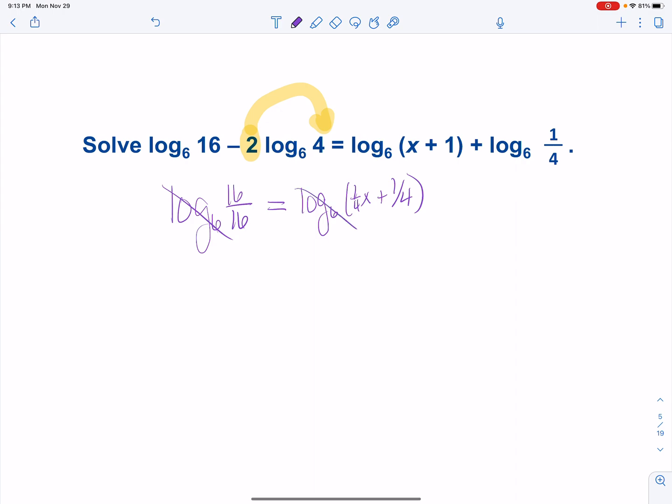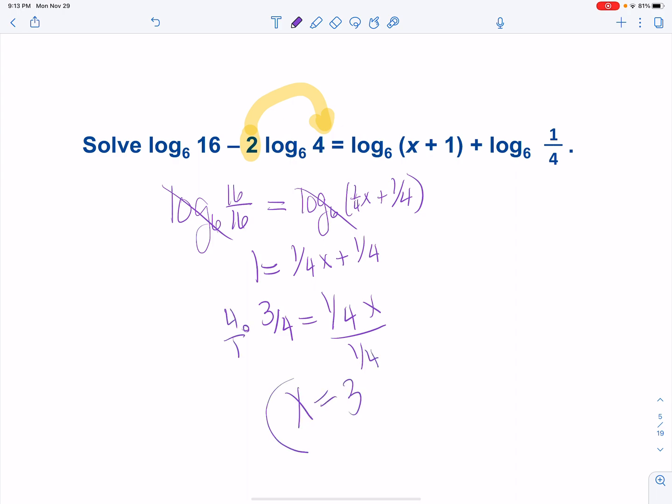Those are both log base 6's. So you'd have 1 equals 1/4 x plus 1/4. So you'd minus 1/4. And then divide by 1/4. So you're going to multiply by 4 over 1. And your answer is 3. The only place you need to check it is right there, and it works.